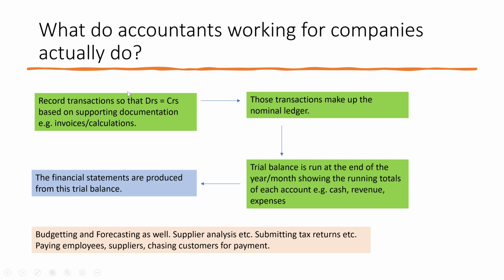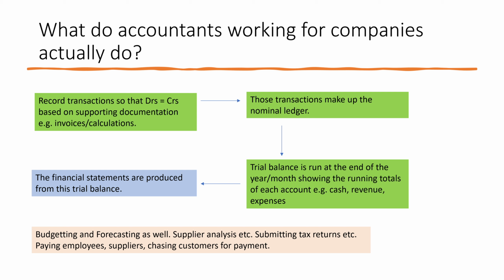Accountants also have other roles in the business, like they have to budget and forecast. They may have to conduct analysis of suppliers. They're involved in submitting tax returns. They might actually themselves in the company have to calculate how much corporation tax or how much VAT is paid.